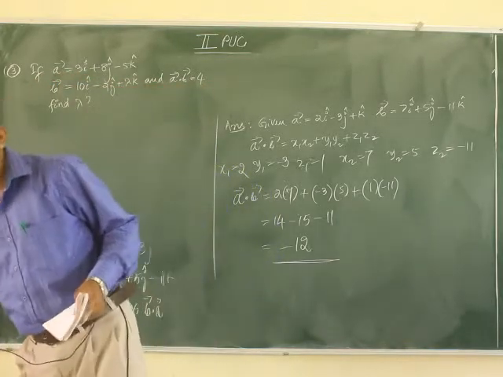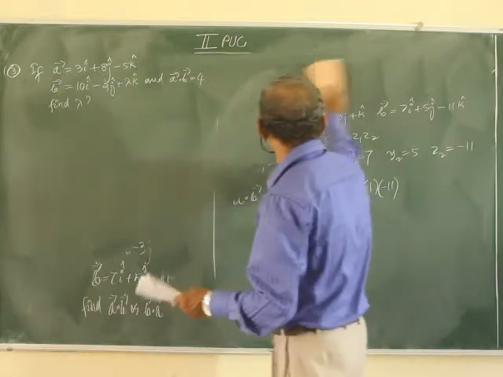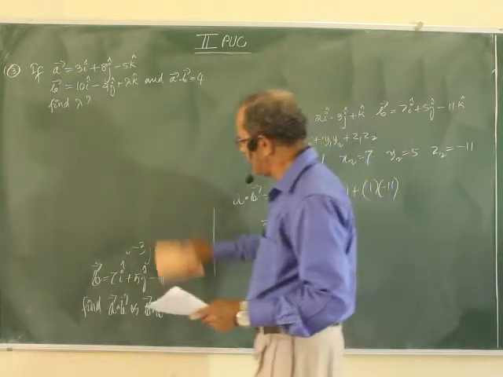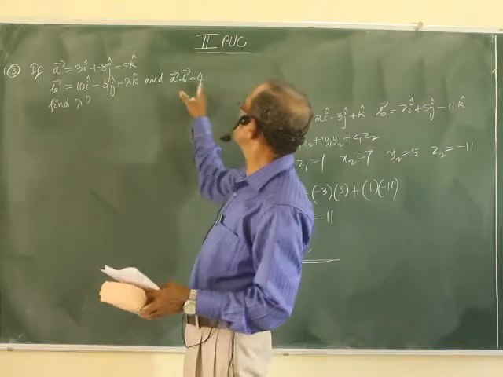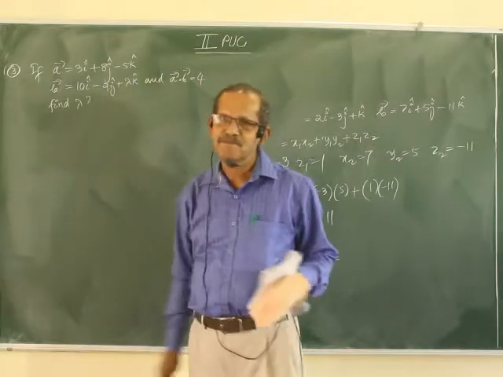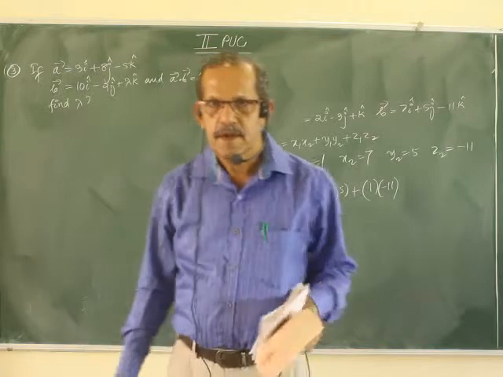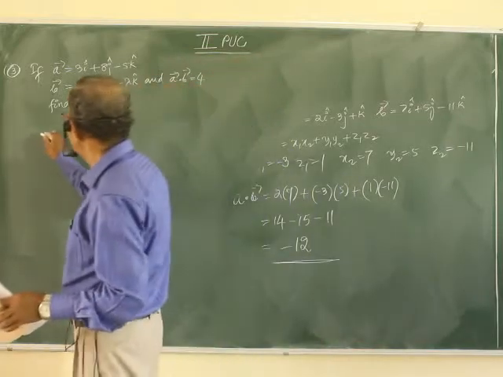In the previous two problems, you have calculated the value of A dot B. Now here, in this problem, A dot B is given, you have to find lambda. Let me write the formula.